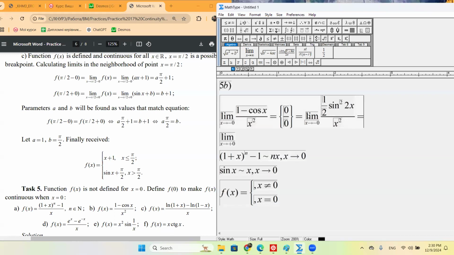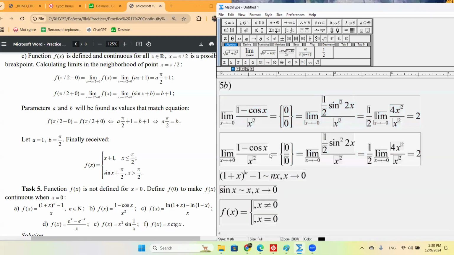So moving here this value, in the numerator we will have 4x in power of 2, and the result is 2. And analogically for plus 0, as we can see, the situation is the same.